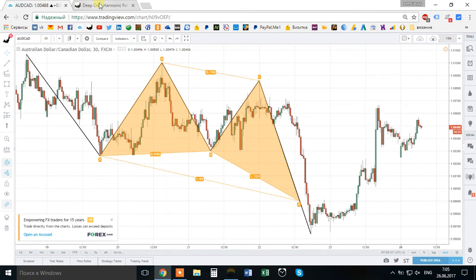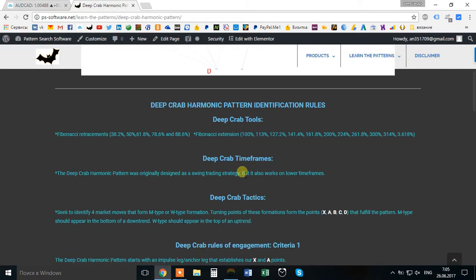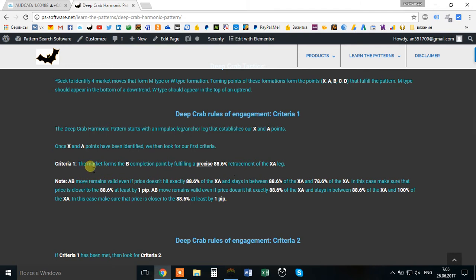0.946. So let's check criteria number 1, the B point. The B point should be precisely 0.886, but if it is not exactly 0.886, then look where it is. If it is between 0.886 and 0.786, make sure it's closer to 0.886. And if it is between 0.886 and 1.00, make sure it is closer to 0.886 as well.